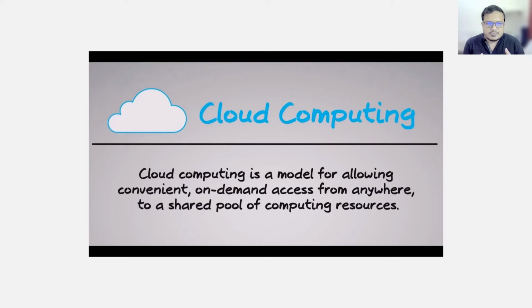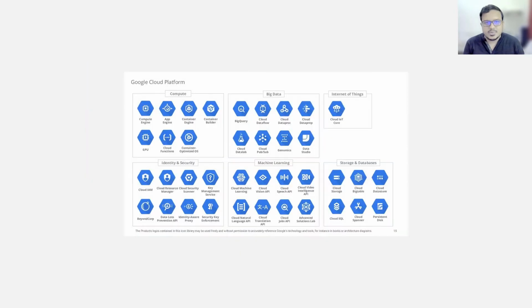But for now, you can just think of it as on-demand availability of computing services, just like we need electricity for running our appliances. Similarly, if we need compute power, we can use cloud. Some people say cloud is nothing but someone else's computer that you're renting out and using.